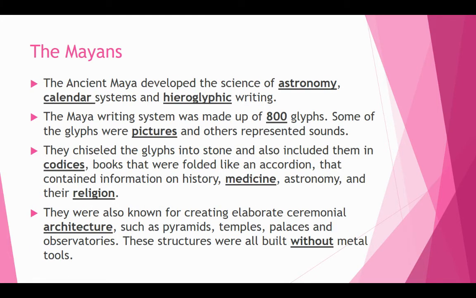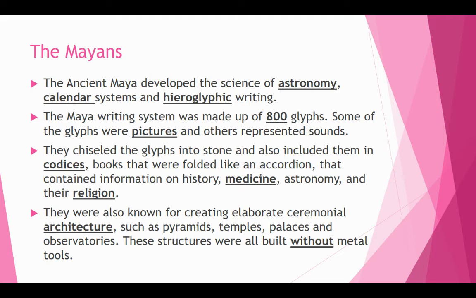The ancient Maya developed the science of astronomy, the study of the stars and movement of the planets, the calendar system, and hieroglyphic writing. Hieroglyphic writing is symbolic writing where you use pictures to stand in for words.